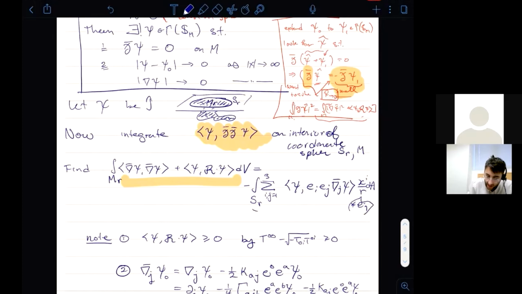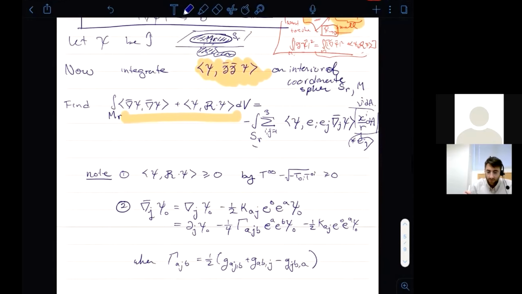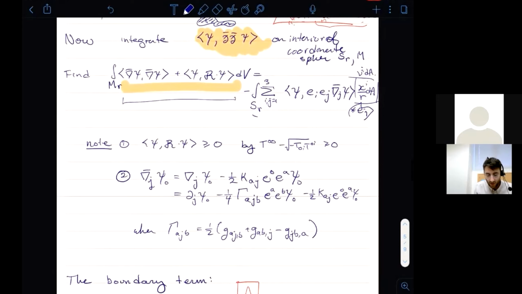When you take that on the sphere, it just becomes nu_i times the volume form, or the area form, on the sphere. Let's note a couple of things. The left-hand side is definitely non-negative. It is a norm of something plus that curvature term, which we already agreed was non-negative. Also, we want to compute this boundary term. That is the whole goal at this point: identify the boundary term with the mass, hopefully.